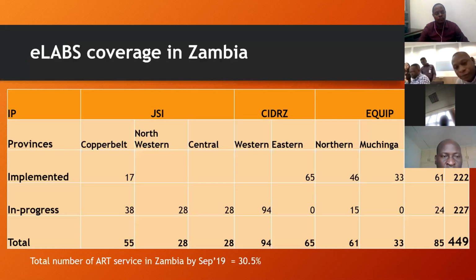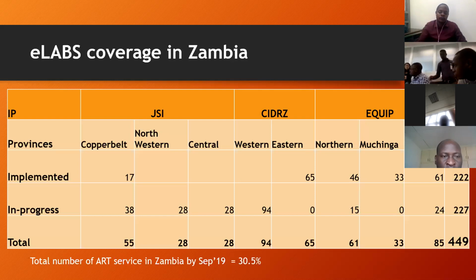So we continue with the operations of eLABS in Zambia. eLABS coverage in Zambia: eLABS is fully implemented in 5 provinces of Zambia. There are 3 partners that are implementing eLABS, which are JSI, CIDAS, and EQUIP. EQUIP has fully implemented eLABS in 3 provinces of Zambia, and CIDAS will have 1 province implemented by them and 1 province implemented by JSI.